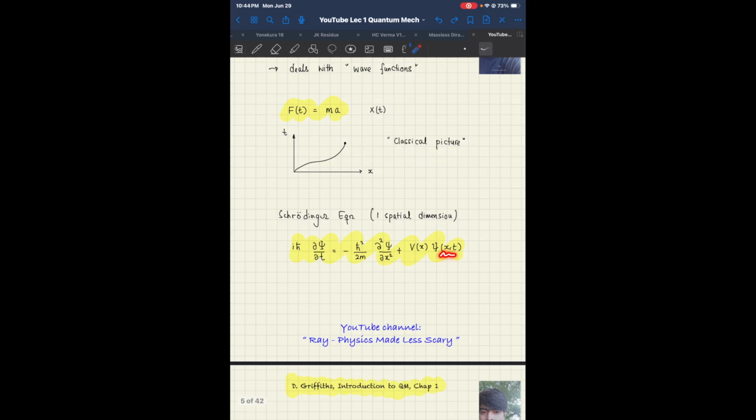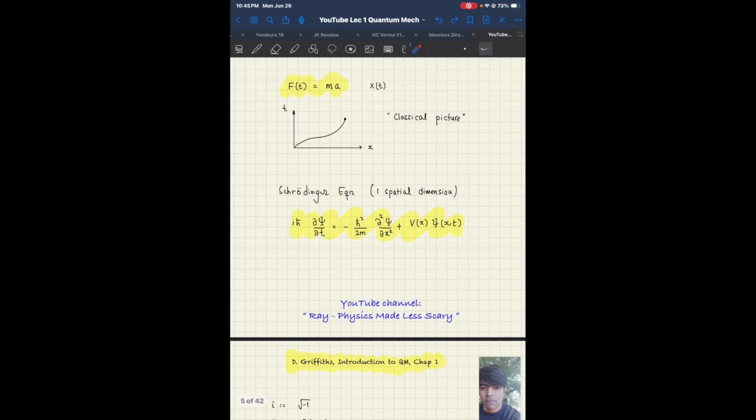And this psi generically is a function of x and t in one spatial dimension. And you have the potential here, which may be 0, of course. In the simplest cases, for the free particle, it would be 0. A free particle, by definition, means it's not influenced by any force. So the free particle Schrodinger equation would just be this much. You just have to solve this second order equation. Yeah, and we will explicitly do that.